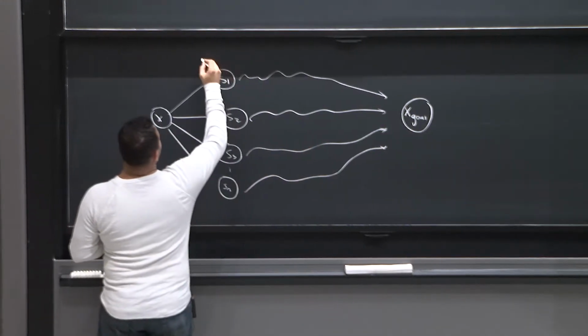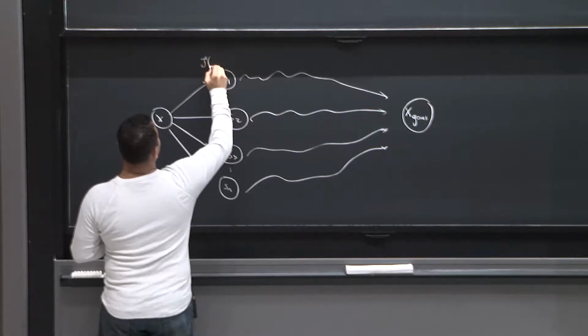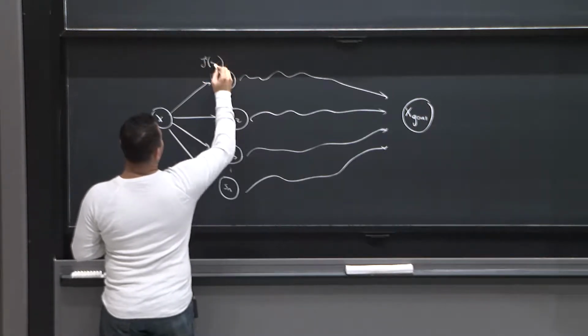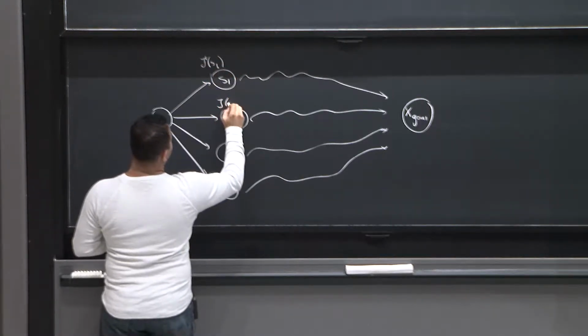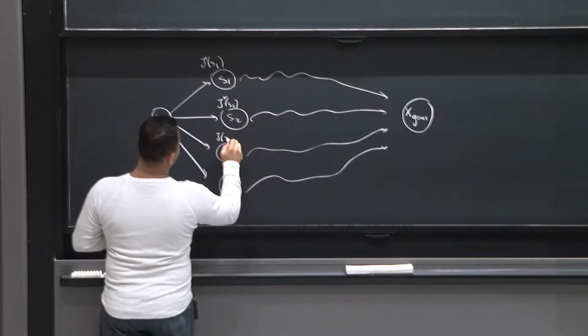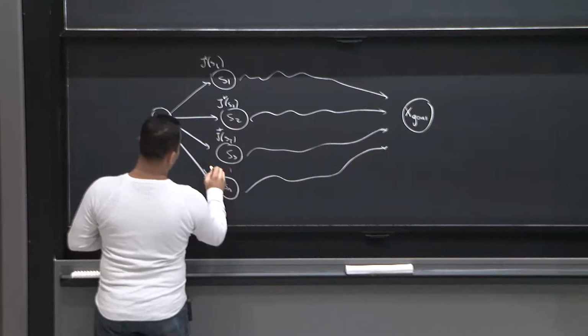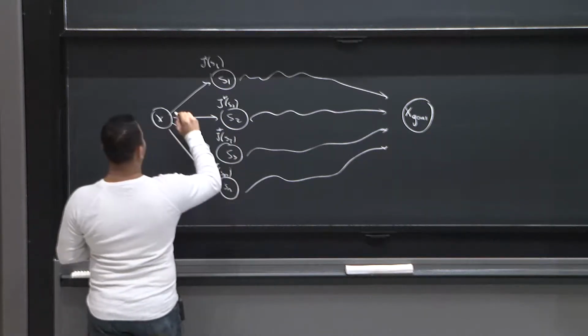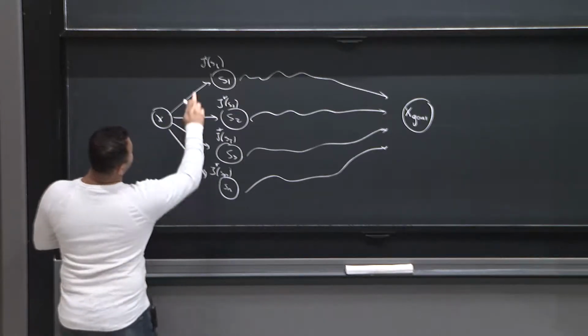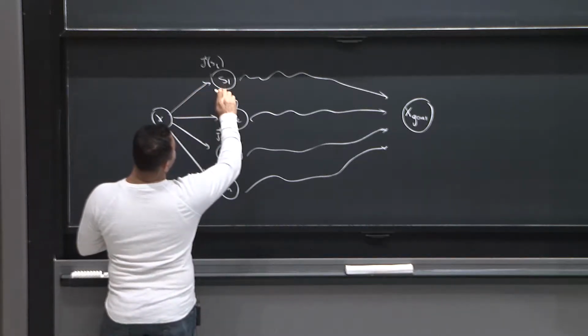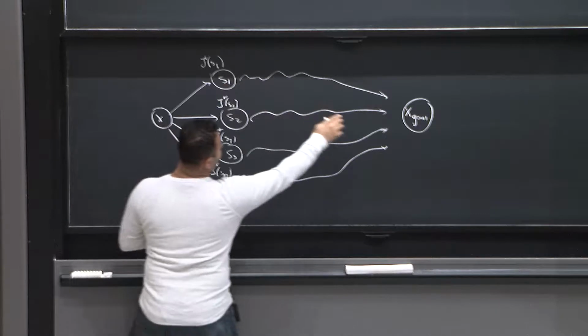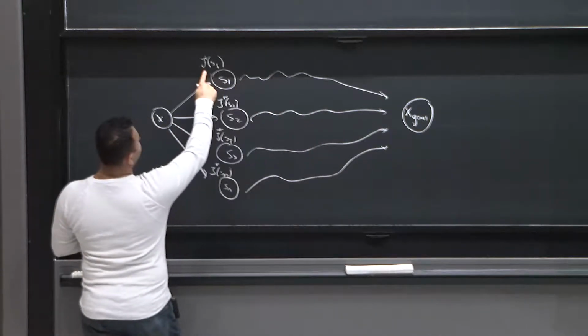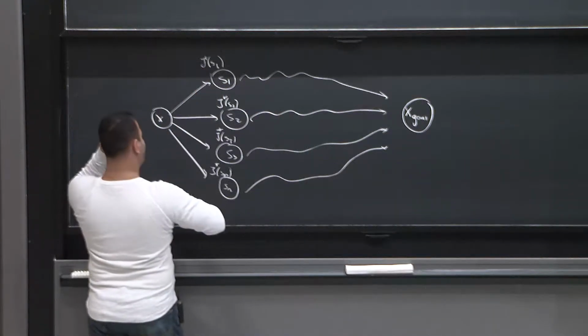If you know the optimal cost-to-go for these successor nodes, and let's say you don't know how you can reach S goal from S1, but magically you are given the optimal cost-to-go value.